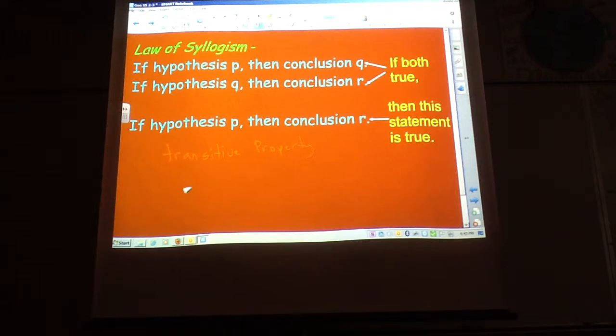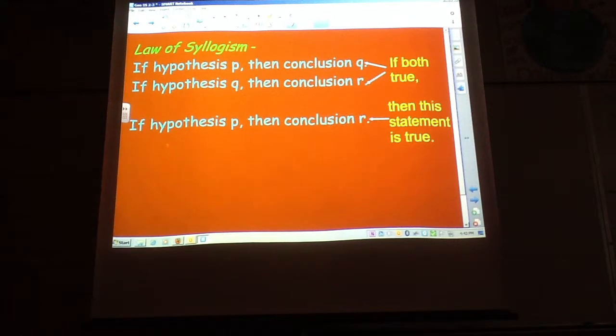The transitive property says, if A equals B and B equals C, then A would have to equal C. So it's going from A to B, B equals C, then we conclude from the beginning to the end. That's exactly how the law of syllogism will work here.